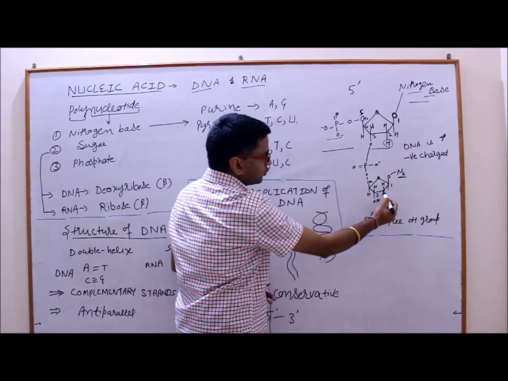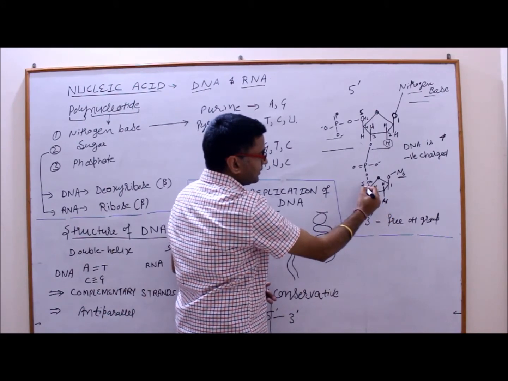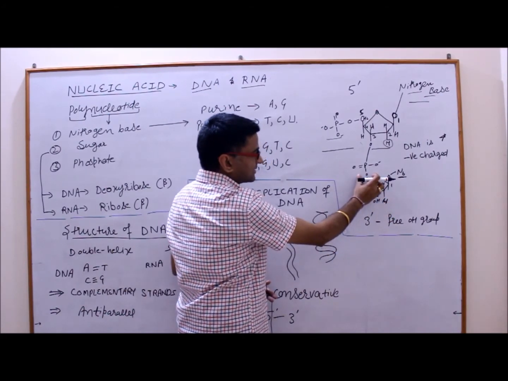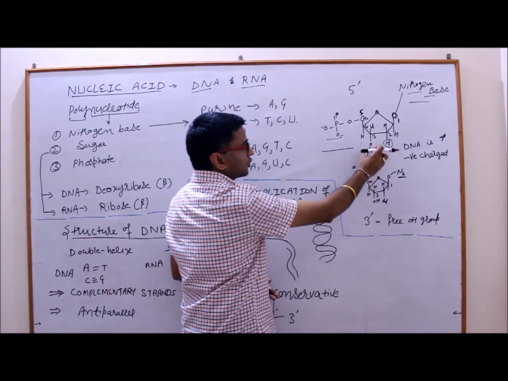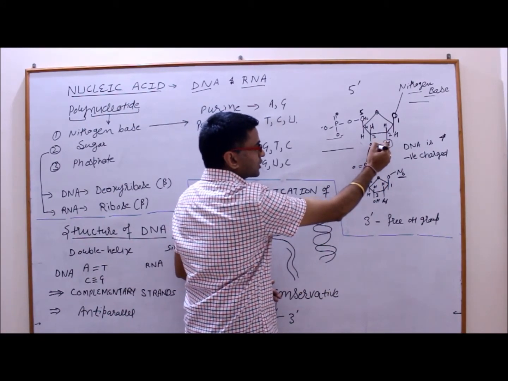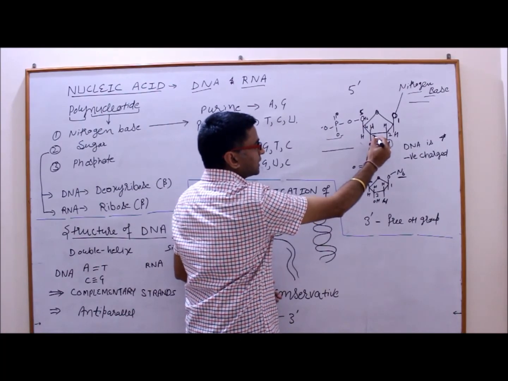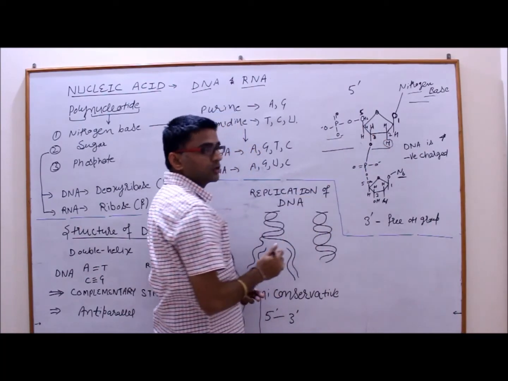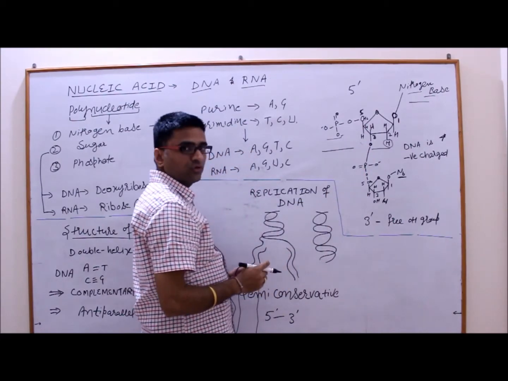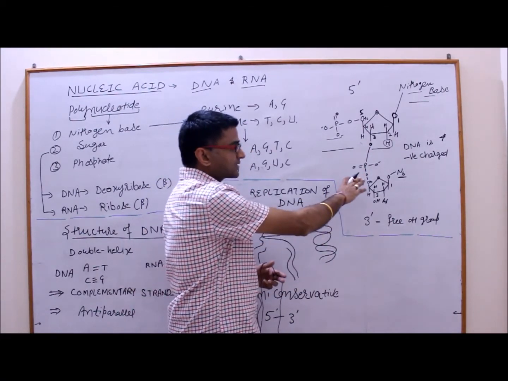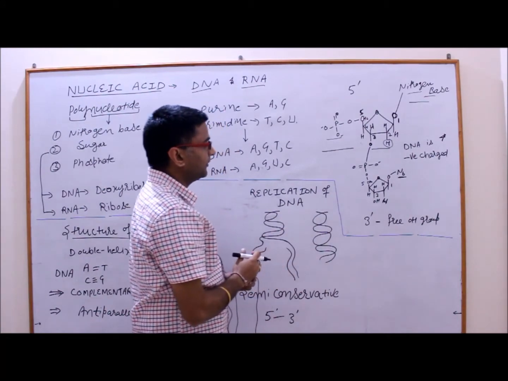Now 1, 2, 3, 4 and 5th carbon, there was a phosphate group present, but in this case this phosphate is involved in bond formation with the hydroxyl group of the 3rd carbon of another nucleotide, and this bond formation is called phosphodiester bond, which makes the backbone of the DNA.